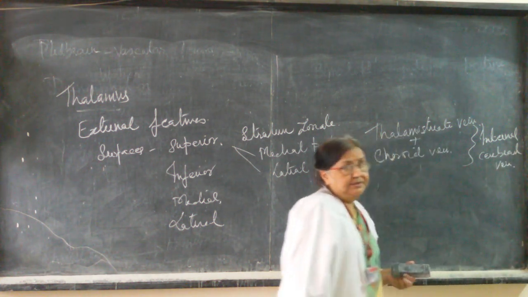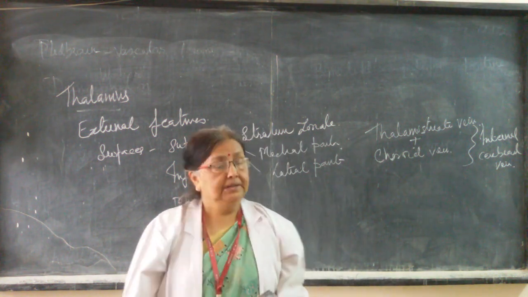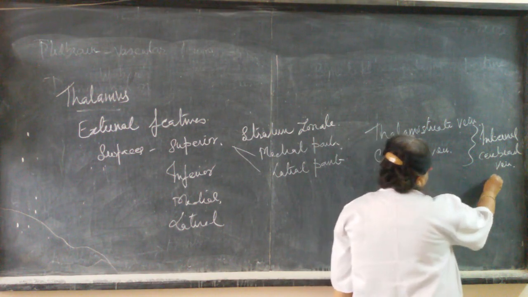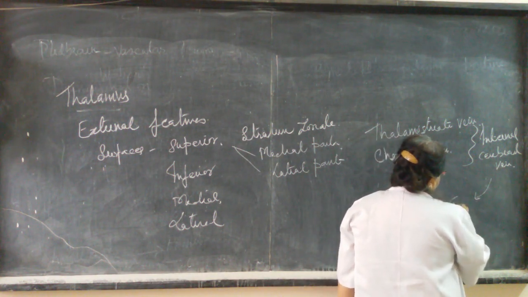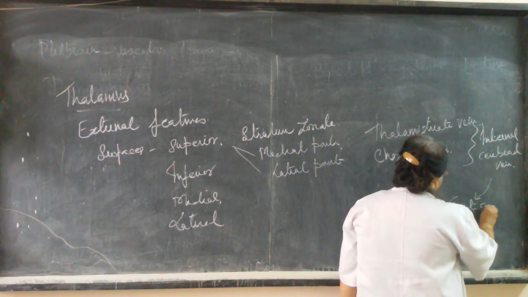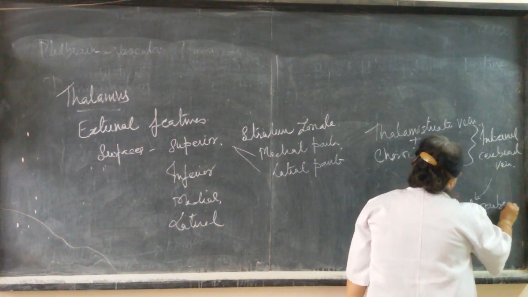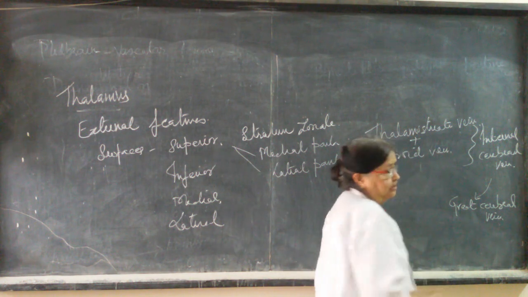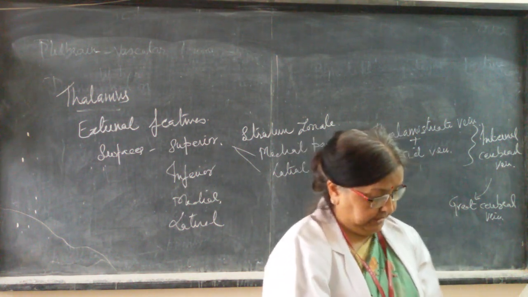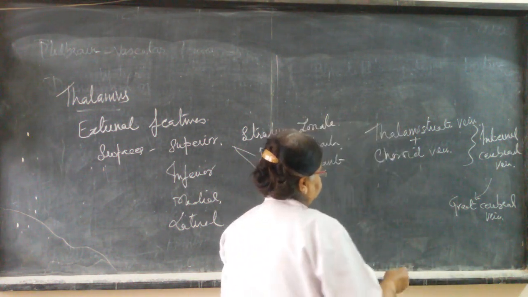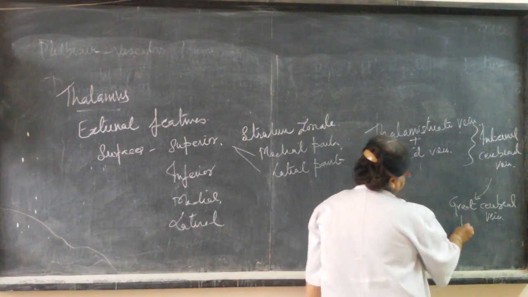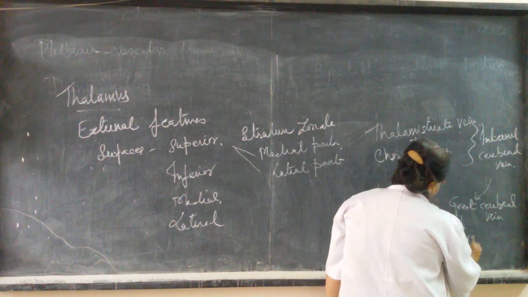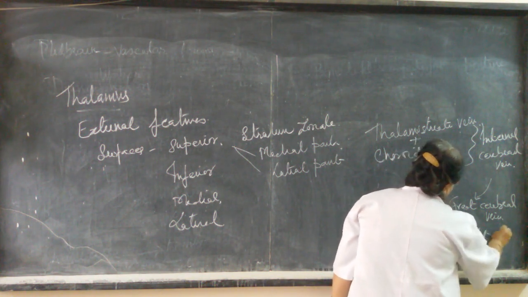And the internal cerebral veins of the two sides unite to form the great cerebral vein. The great cerebral vein opens into the straight sinus.